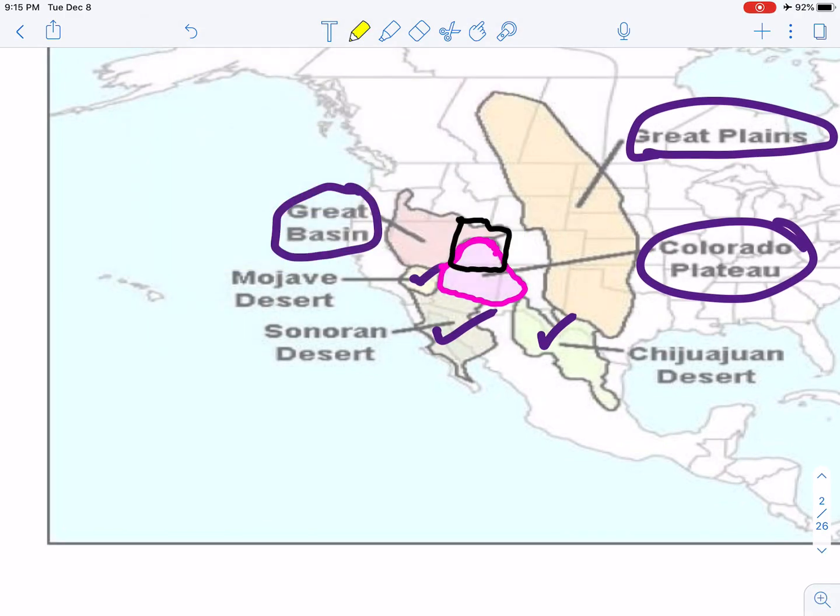This time I'm going to use yellow. The Great Basin technically goes along these same lines, and it's quite large. Here we have Idaho, Oregon, and Nevada. It's a pretty large area, isn't it? Pretty crazy.